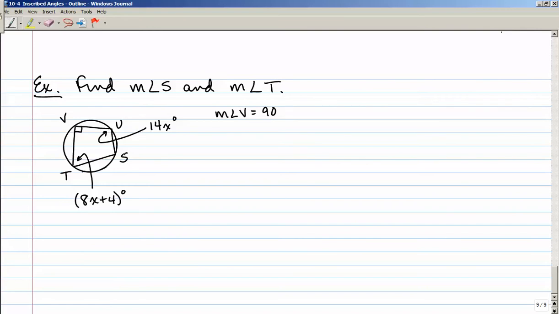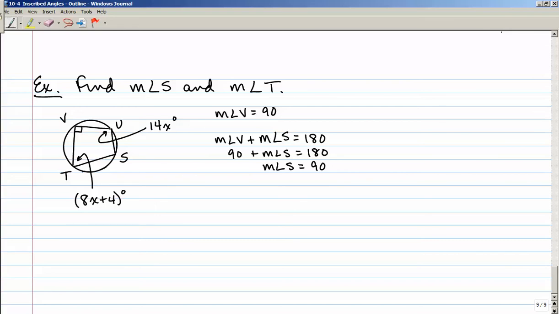And the measure of angle V plus the measure of angle S have to add up to 180. So 90 plus the measure of angle S equals 180. So the measure of angle S has to equal 90, because opposite angles in an inscribed quadrilateral are supplementary.